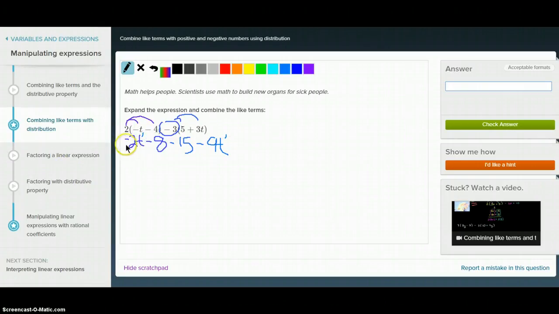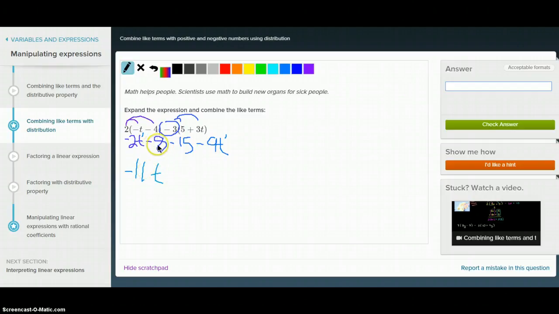So we have negative 2t minus 9t, and that's going to be negative 11t. And that's where these t's stay constant, so we're just adding or subtracting the coefficients. So that's negative 2 minus 9t, so negative 11t.